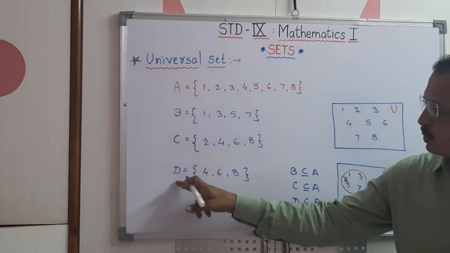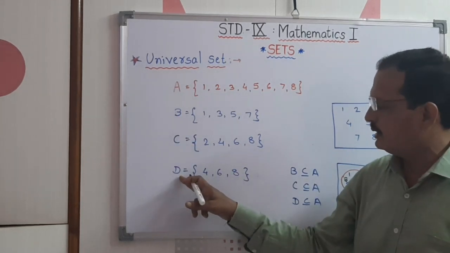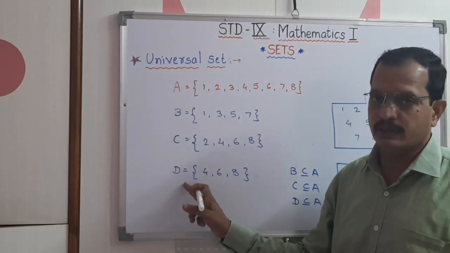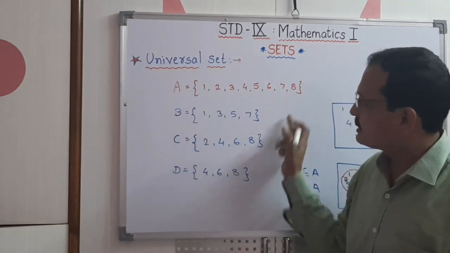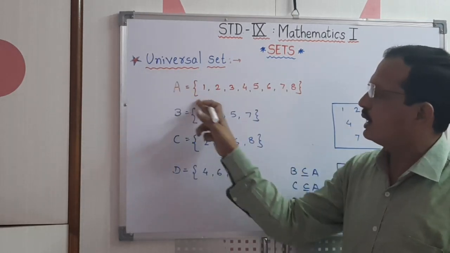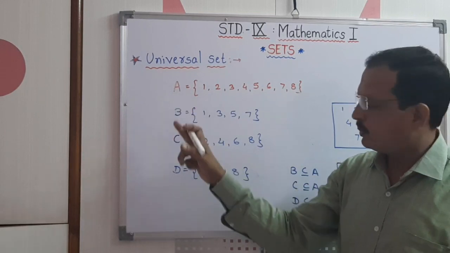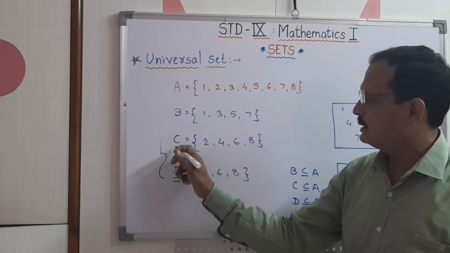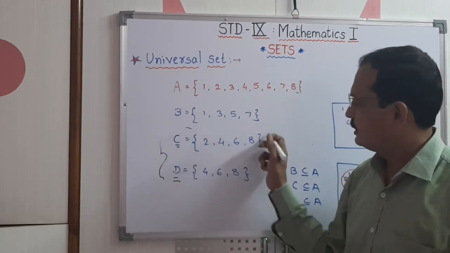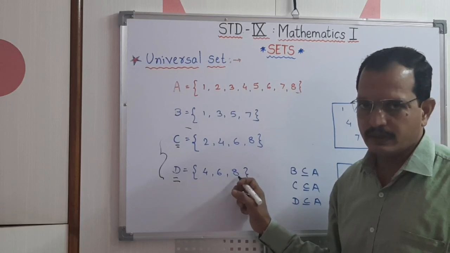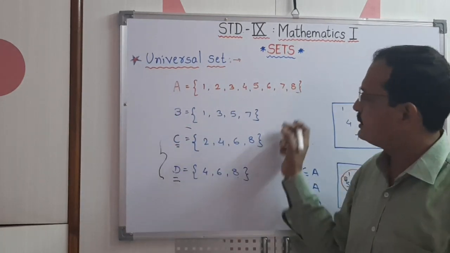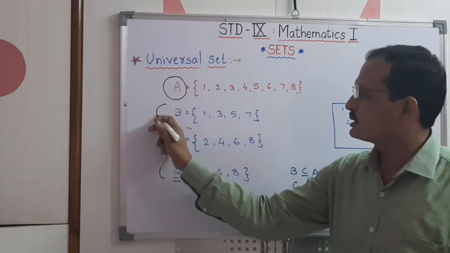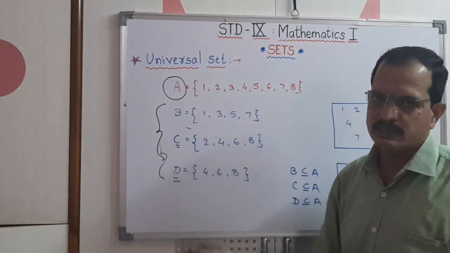If we consider only these two sets, then set C is called a universal set for D. But when we consider all these three sets, A is called the universal set. When we are considering all these four sets, A is called the universal set for all these three sets.